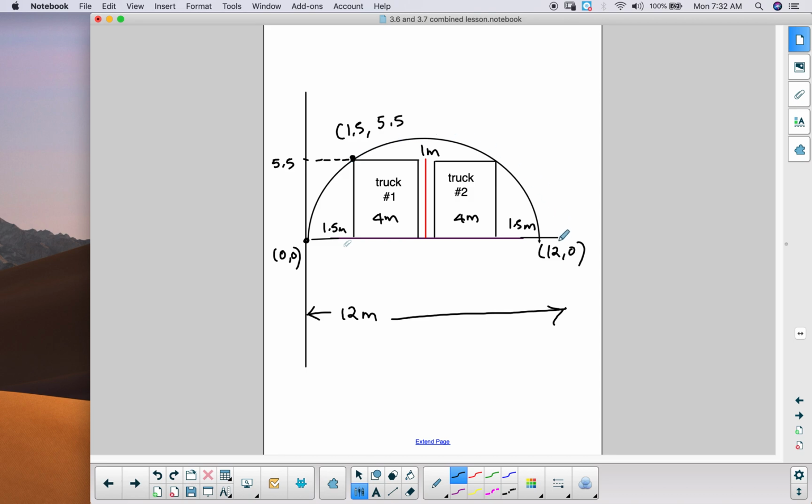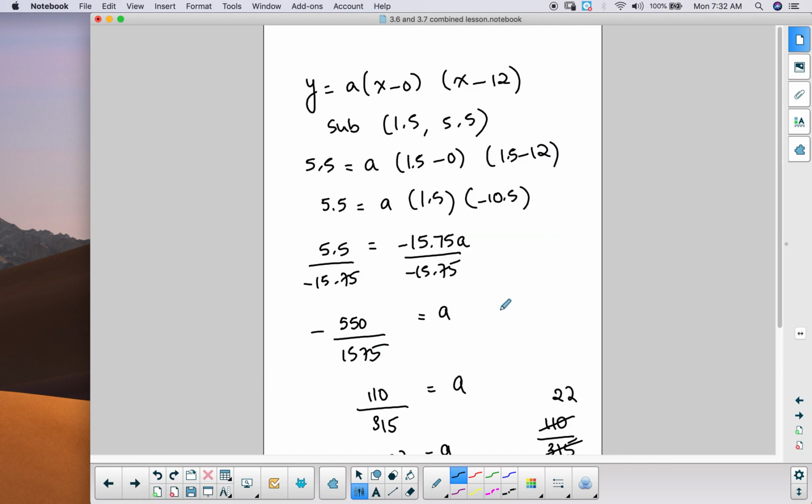So here it is. I have the diagram here drawn. So you have, these are the two x-intercepts. This is a point on the parabola, (1.5, 5.5). So that's a point on the parabolic bridge, and we're going to use those points to come up with the factored form.